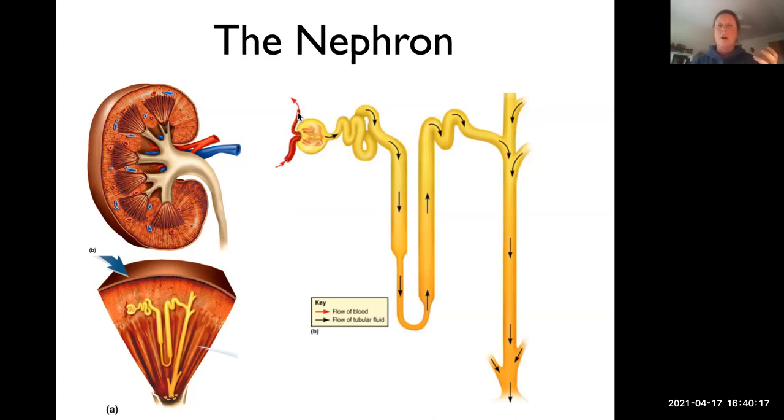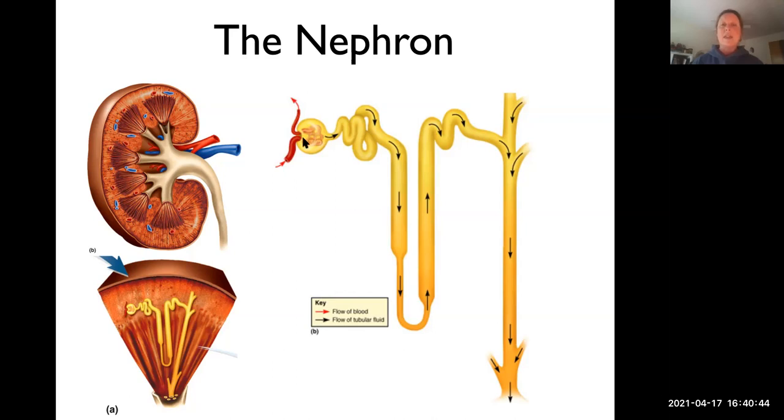And then one arteriole that carries the blood out of this structure. So we're not going to name the structures until we get to the blood circulation, but I want you to keep in mind there is a capillary bed here. And just like all other capillaries, but even more so, this one is super leaky because we want the plasma to come out so that it can be sorted and filtered by the nephron.